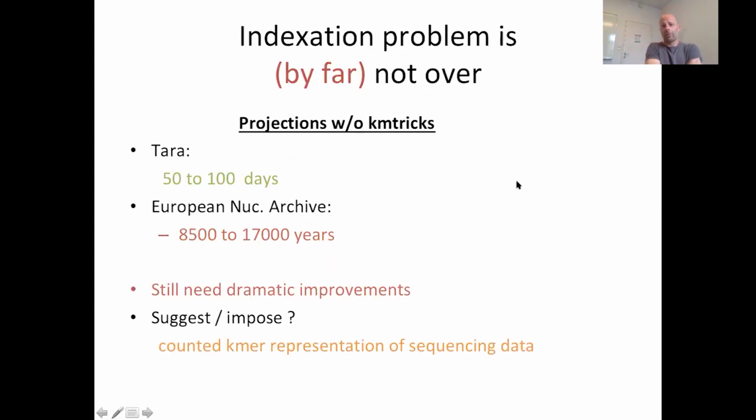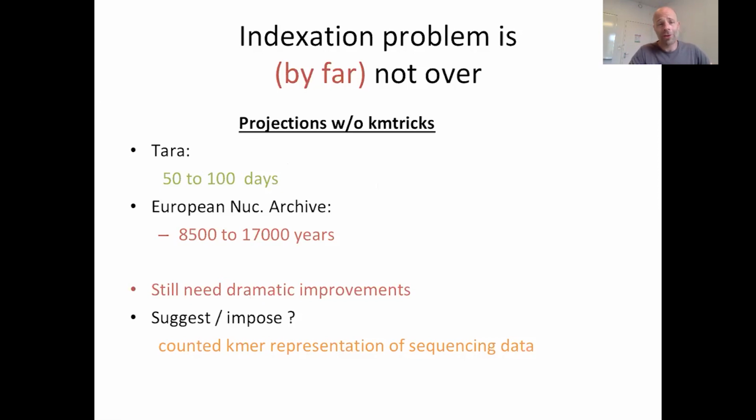And finally, my last message is the following. The indexation problem is not over, and it's not over by far. If we're thinking about the time that would be needed with those existing approaches to index, for instance, the Tara Oceans project, this is feasible, it will need 50 to 100 days, and this is affordable in our current clusters in terms of disk space and RAM, internal memory usage.